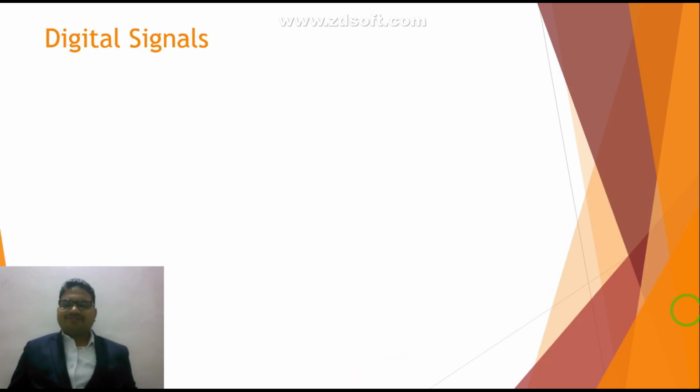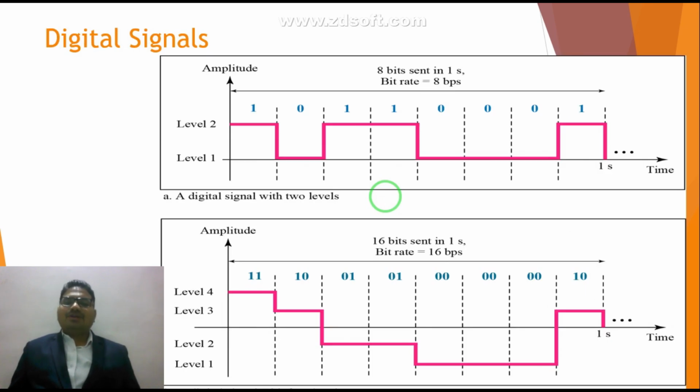Now guys, moving towards digital signals. You can see on the figure, the data is represented by means of binary, that is a logic 1 and logic 0. Over here, binary 1 is represented by a positive voltage, whereas binary 0 is represented by 0 voltage. So again, it is a digital signal with two levels.